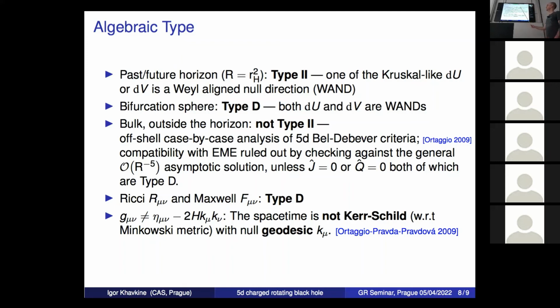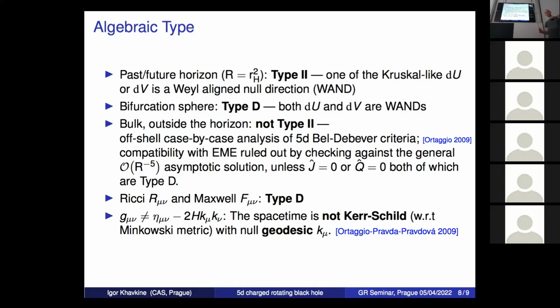It turns out that at the future and past horizon, one of the du or dv coming from the Kruskal coordinates is a principal null direction, or Weyl aligned null direction. That's the terminology you have to use in higher dimensions. And the Weyl tensor happens to be of type II, both on future and past horizons. And when they meet at the bifurcation sphere, the algebraic type specializes even to type D. And so both du and dv are aligned in that case.